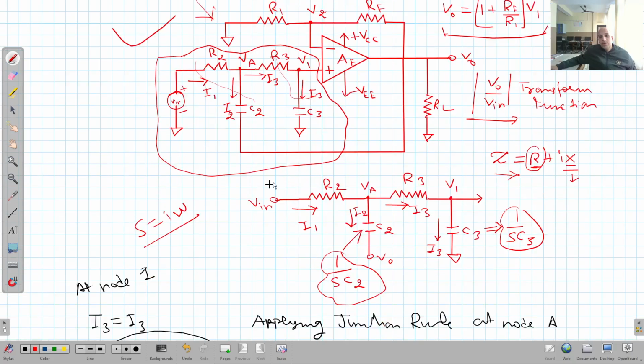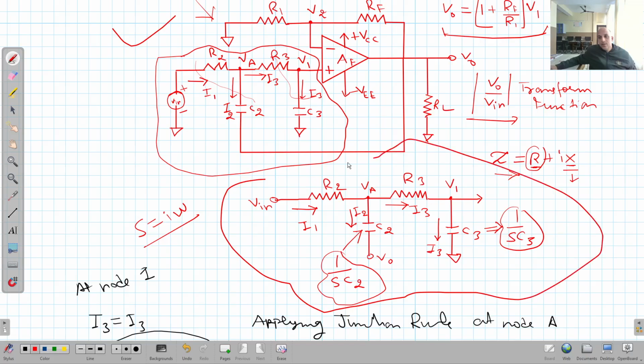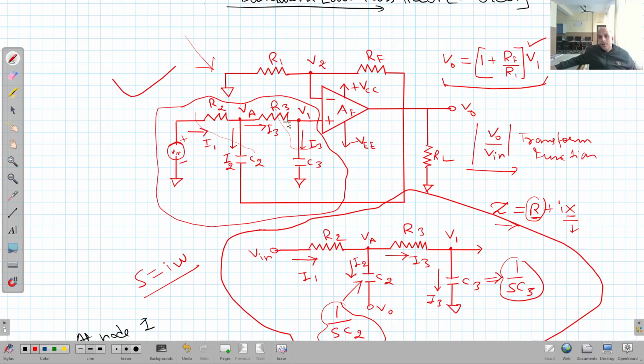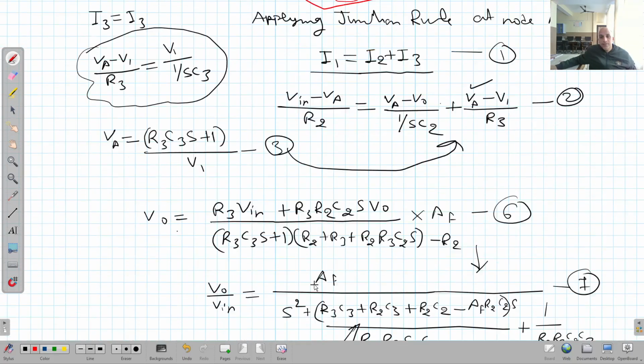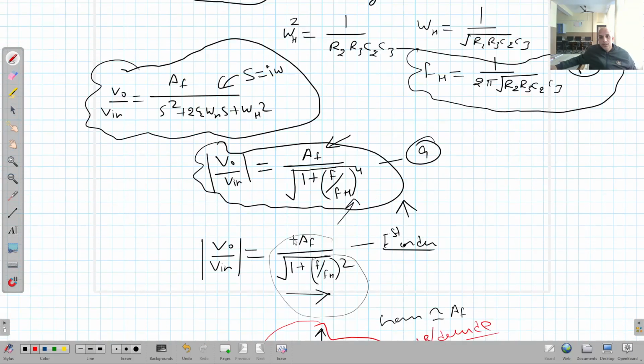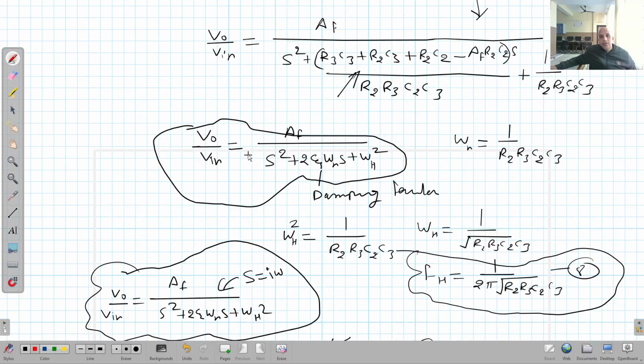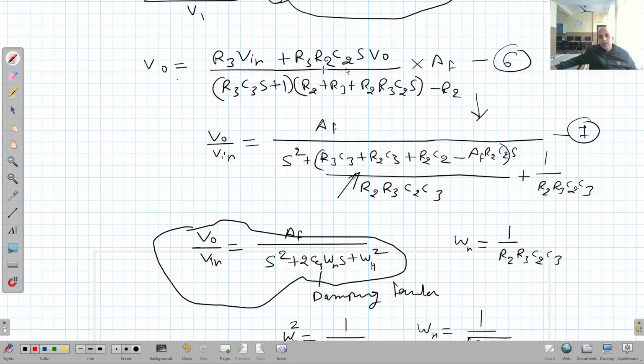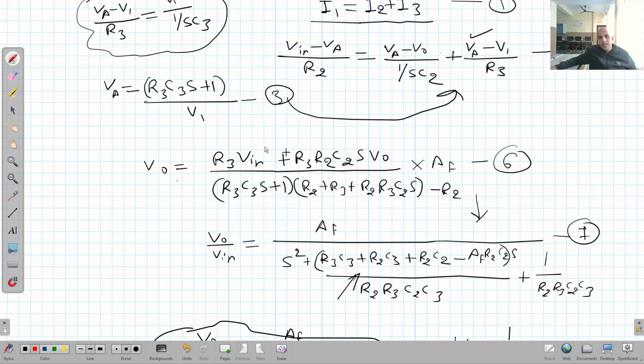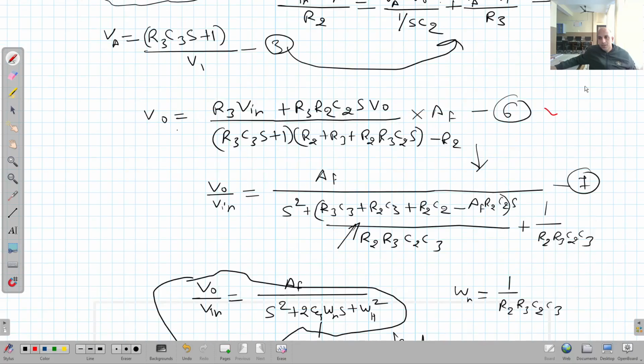Clear? By simplifying this entire circuit in this way. And then we wrote down the expression for V output by putting the value of V1 in this expression here. Then when we put the value of V1 in this expression, this becomes equation number 6.